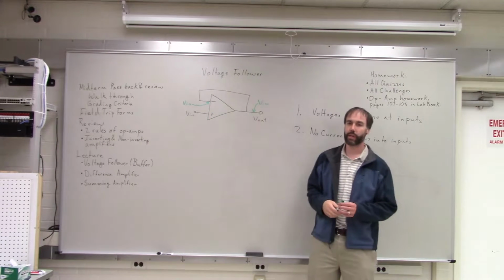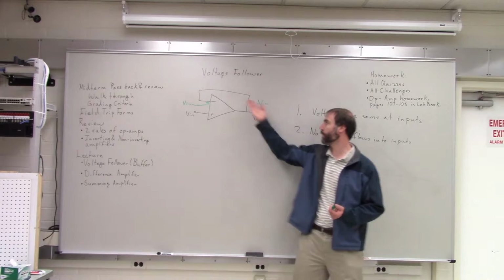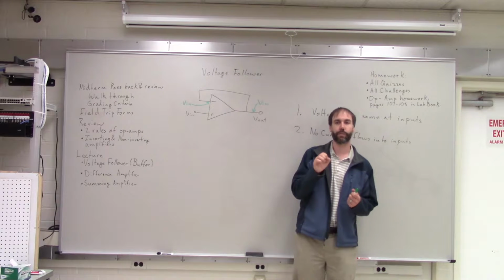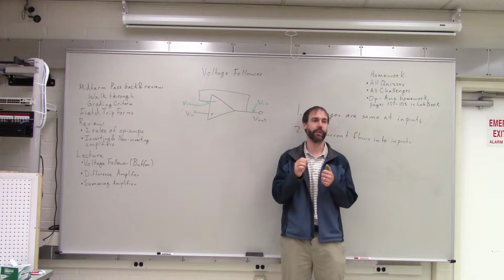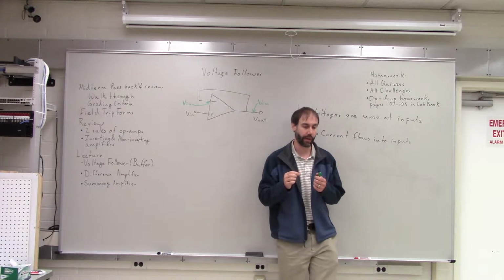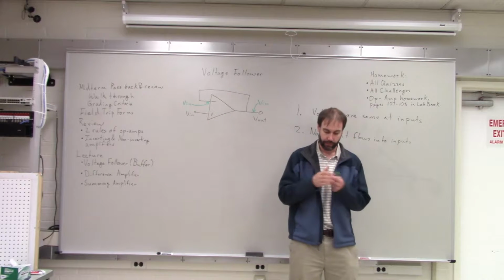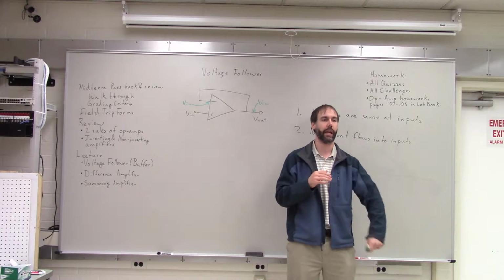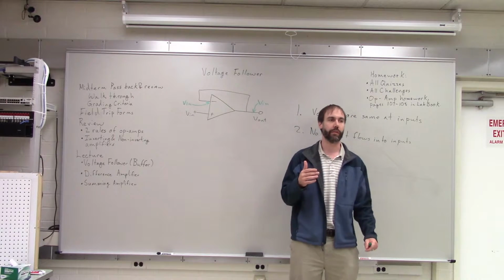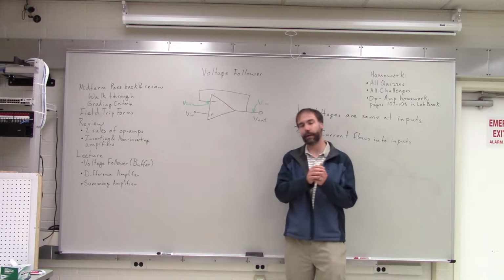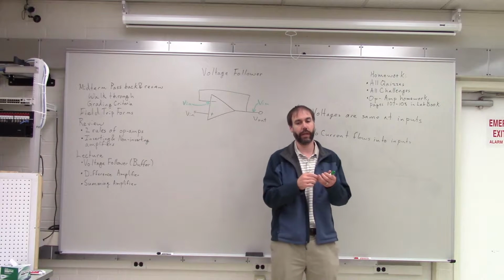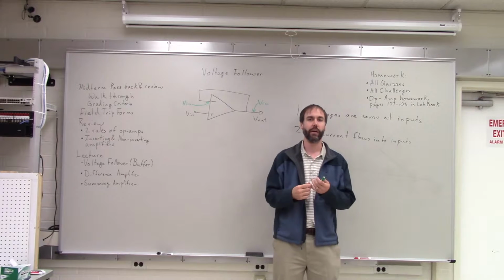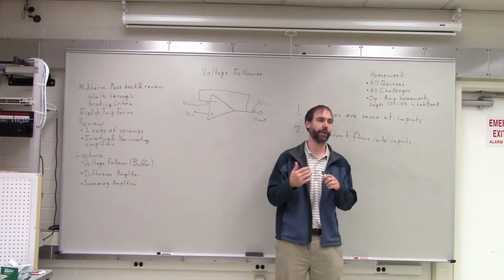So this gives us some insight into why these circuits might be useful. Imagine that you had a very, very small or very, very weak signal, something that is coming out of an instrument that's very sensitive and just cannot provide very much signal, okay? You would not want to have that going into a small resistor, because that resistor might drain away all of the signal that you're trying to measure.